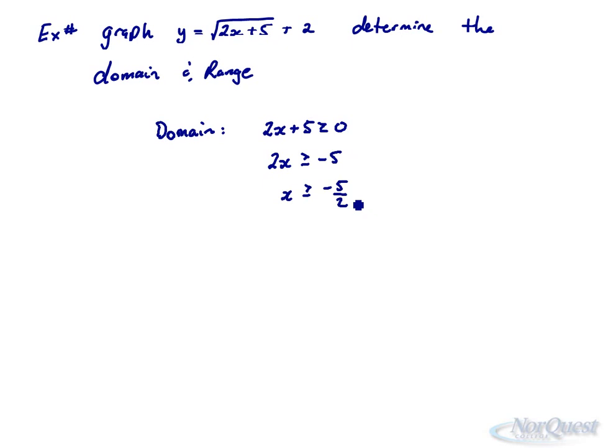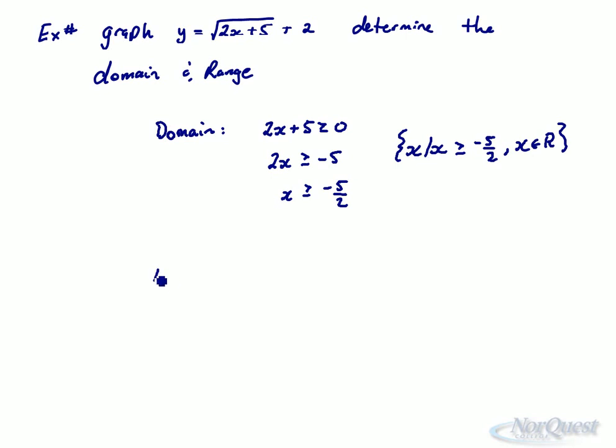Take whatever's in the radical sign, set it to greater than or equal to 0, solve for x, that's your domain. So our domain will be x such that x is greater than or equal to negative 5 halves, and it goes forever right of that, so x is an element of the real numbers.